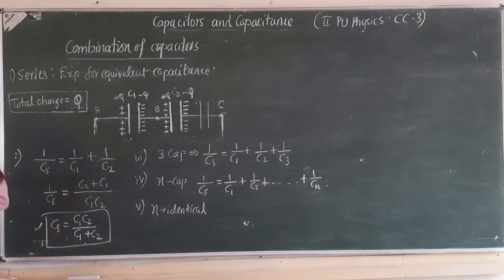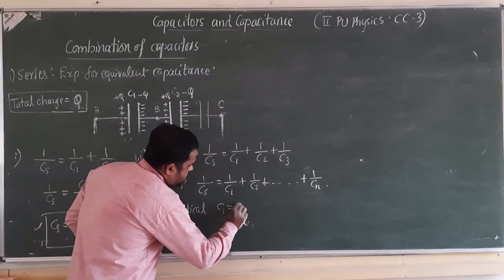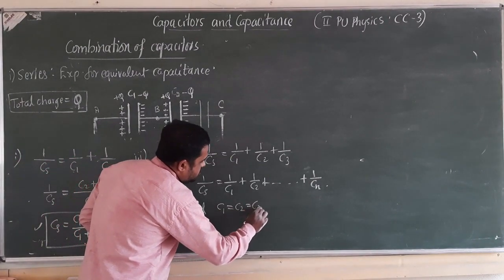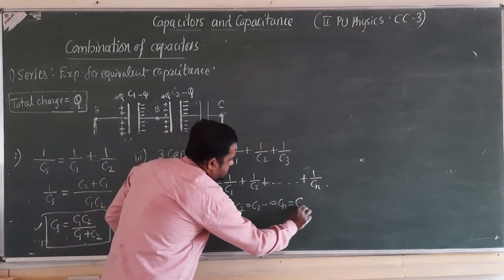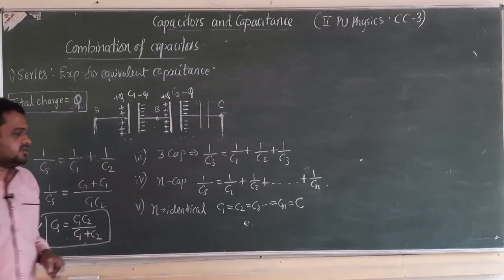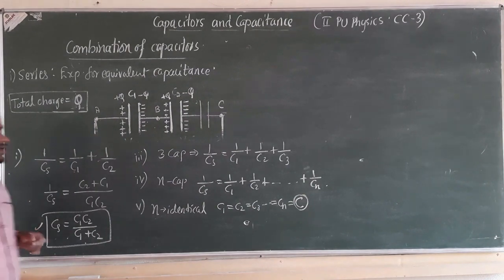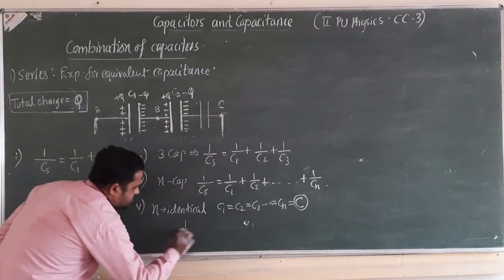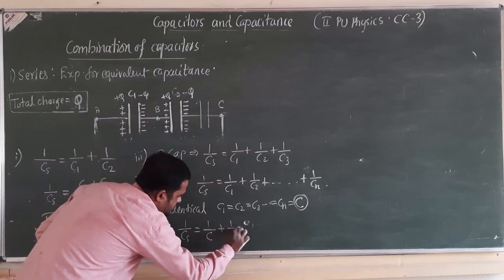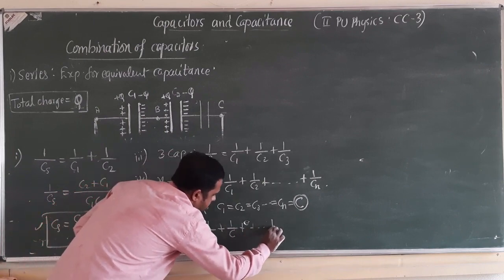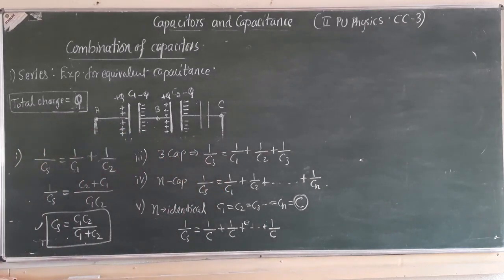Instead of that, if you use n identical capacitors, it means the capacitance of the first is equal to the capacitance of the second, is equal to the third, etc., is equal to Cn, is equal to some C. If n identical capacitors of capacitance C are used in series combination, what will be the effective capacitance? 1 by Cs is equal to 1 by C plus 1 by C plus etc., 1 by C n times, isn't it?